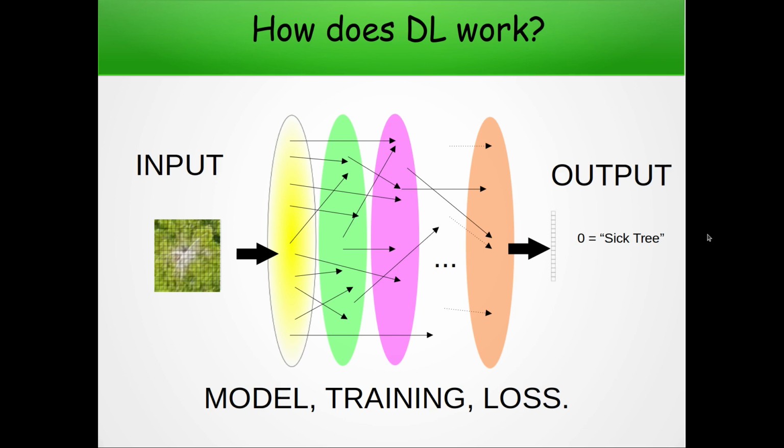The predictions of my model can be different things, for example, the probabilities to belong to one class or another. They can be many different things. And I will use some function to give me a value of how well I'm doing at each moment. This function that gives me a measure of how far the output of my deep learning network is from the truth is called a loss function.